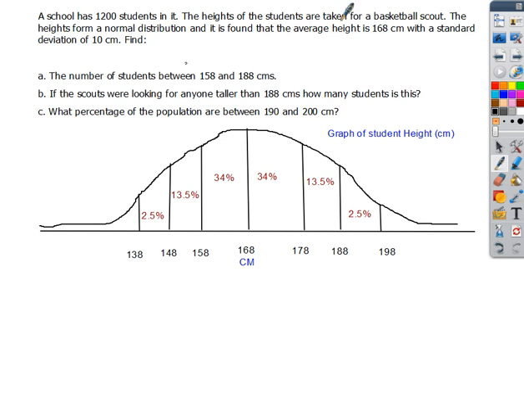Now, let's look at number B. B says if the scouts are looking for anyone taller than 188 centimetres, which is here, here's my 188, so taller has got to be this way. So it's got to be 2.5% of our population. So once again, 2.5% times my population, which is 1,200.